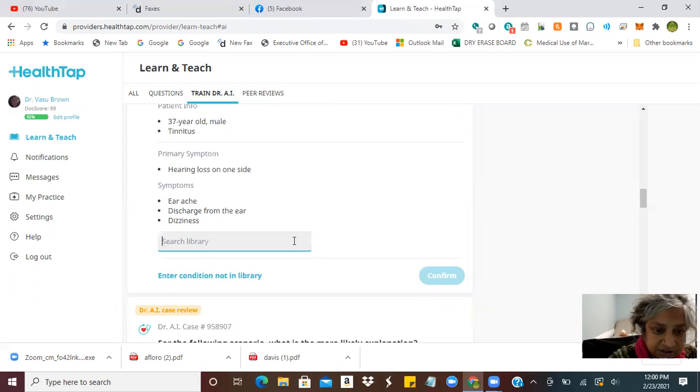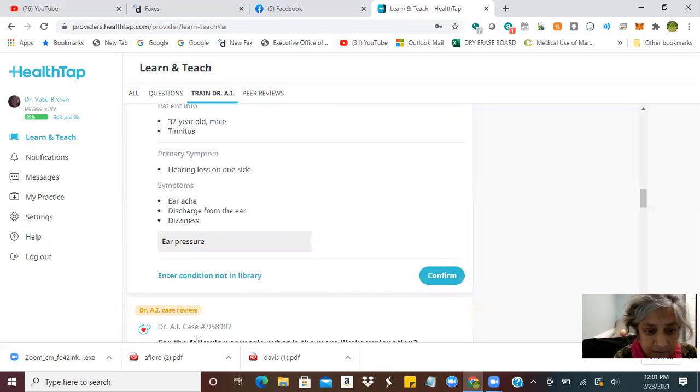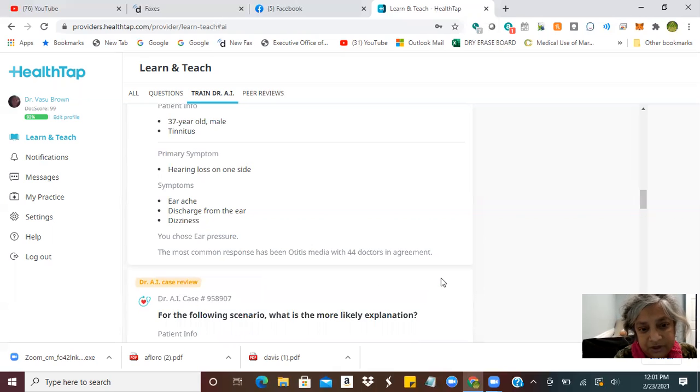It's not producing results. So I would suspect very strongly it's swimmer's ear because of the chemicals. Autoimmune infection, and I would say ear pressure. And what caused it, we don't know. We need to figure it out. Okay, so that's my fourth question.